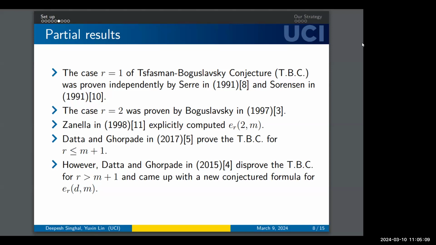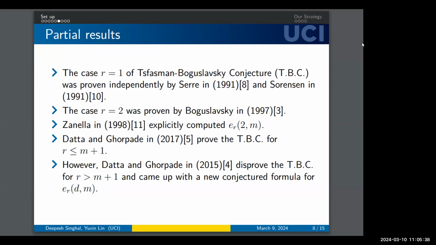The case r equals 2, with two polynomials, was proven by Boguslavsky. Zanella had explicitly computed the degree 2 case for any number of polynomials in any number of variables. And then Datta and Ghorpade proved this conjecture for r up to m plus 1.